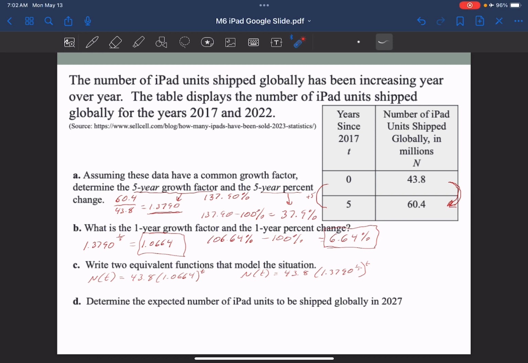Now, that's also commonly written using laws of exponents. We can rewrite that in the way we see it more frequently.